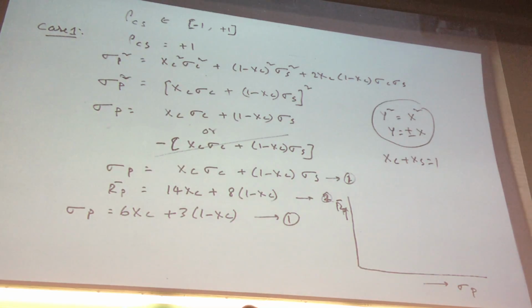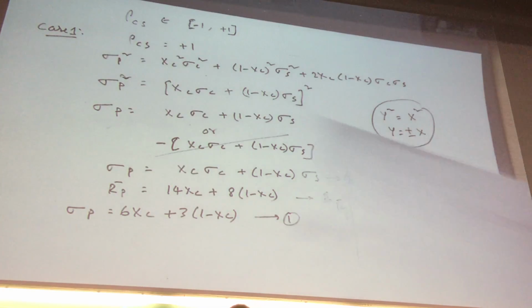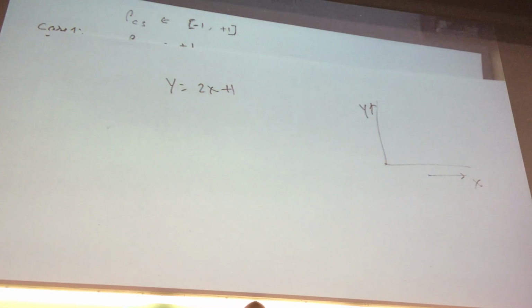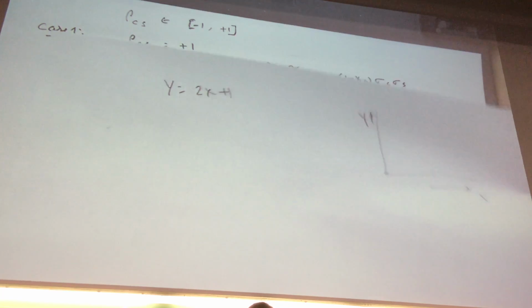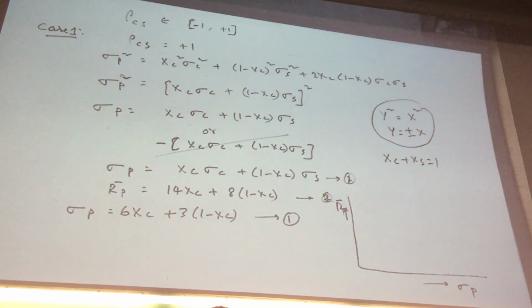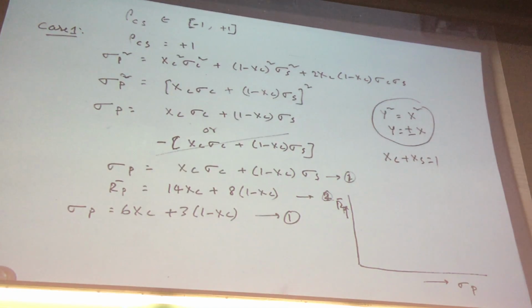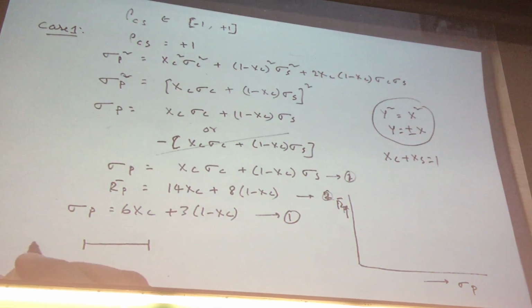So if I can eliminate xc, then I end up with sigma and r, which is very much the same as y equals to 2x plus 1. So in that process, what we do is the following. Look at what values xc is going to take. Xc belongs to these two values, obviously. That's our assumption.